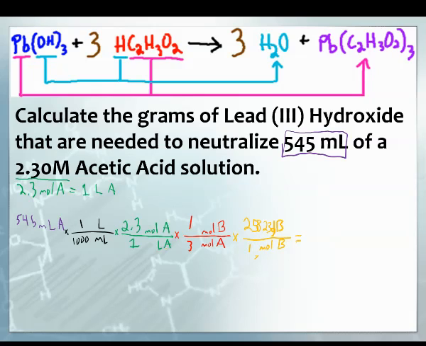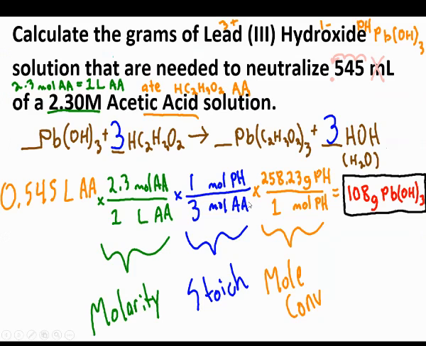This here is going to then give us our answer. Okay, we've got our milliliters cancel, become liters, cancel, become moles of what we want, become grams. And when we do all of that, we get 108 grams of lead-3 hydroxide. Again, we started with milliliters of acid, we went to grams of lead-3 hydroxide.